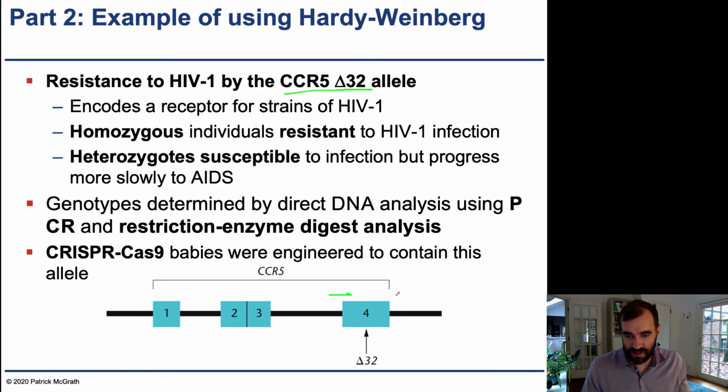You can PCR up a portion of the CCR5 gene that contains this deletion, and this region contains a restriction enzyme site. For individuals that don't have the deletion, you'll be able to cut the DNA here, but if they have the deletion, that restriction enzyme site is gone. So it's very straightforward to genotype.